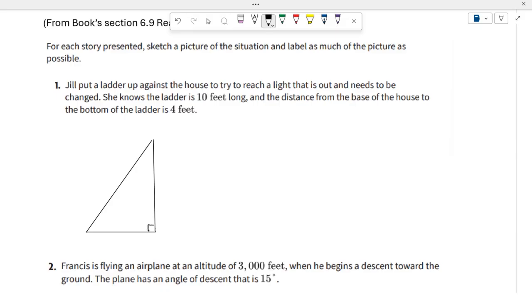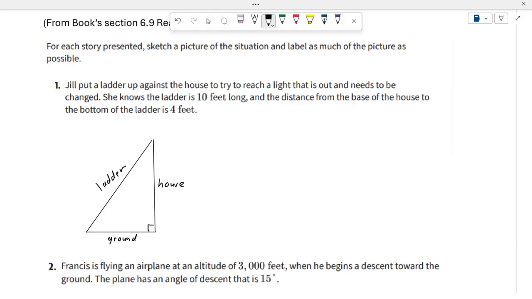So that goes there. The vertical thing is my house, or the side of the house. The horizontal thing is the ground, and the thing that is leaning is the ladder. So that's my picture.